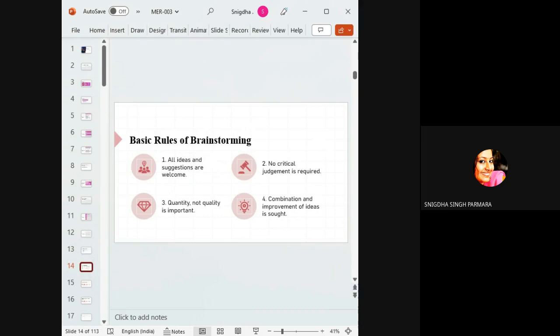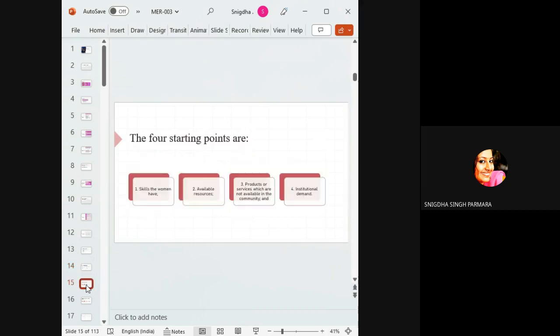Quantity of the ideas that you've received is important and not the quality, because for quality you do further screening. Right now what is important, that you get as many ideas as possible. Combination and improvement of ideas is sought in a brainstorming session.